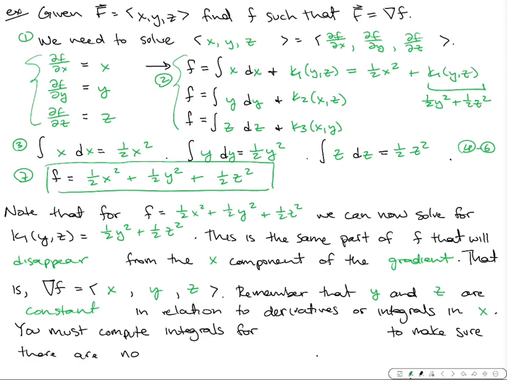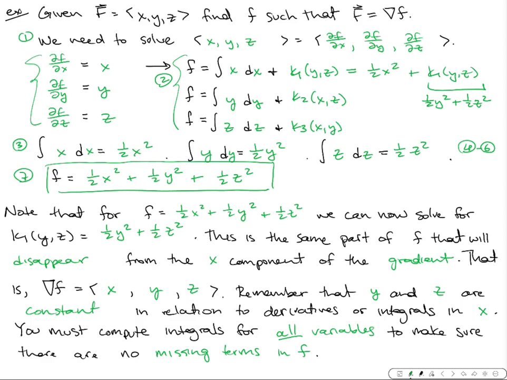So you're probably already familiar with that in practice. You've done lots of partial derivatives and integrals with respect to one variable. And it just comes out in this weird way where in this type of problem, we need to compute integrals for all variables to make sure that there are no missing terms in your little f.